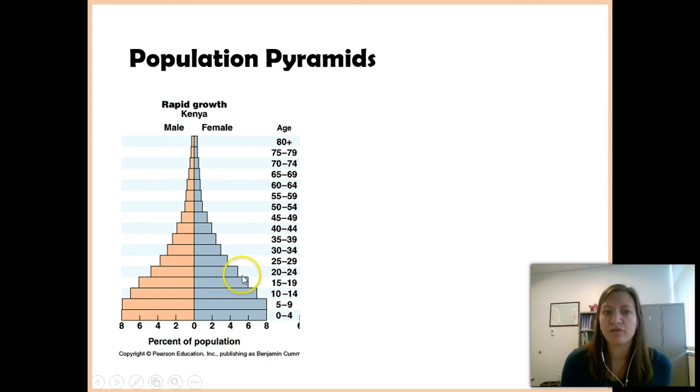You can see those of reproductive age, between 15 and 25, have kind of low bars, but their offspring, the kids between 0 and 14, is really large, meaning they're having a lot of kids, and we saw that with the TFR. But we also talked about how, even though you have a lot of kids, you also have a lot of mortality. So you're not seeing many older people; the top is very thin, with small populations.